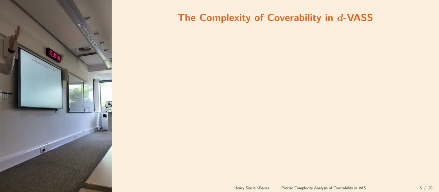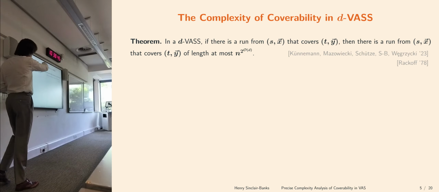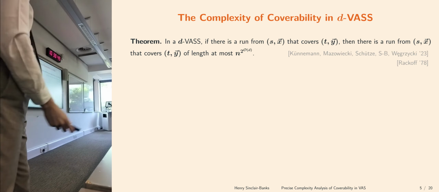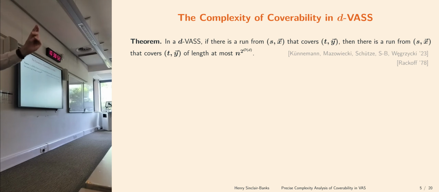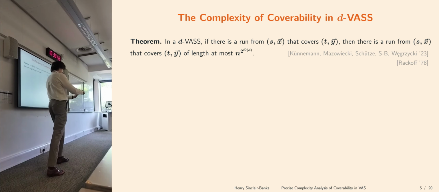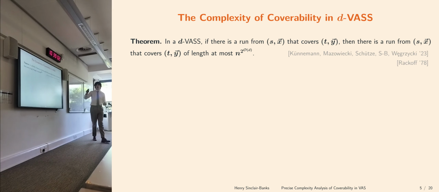So, the complexity of coverability in general. There's this theorem that we got a few years ago that's really based on Rackoff's idea, which is a famous result that I hope a few of you here have heard, which is the following. I'm not going to talk about it too much, but I have to start here: if coverability is positive, right, so from s, x you can get to t, at least y, then there is a run that's short enough.